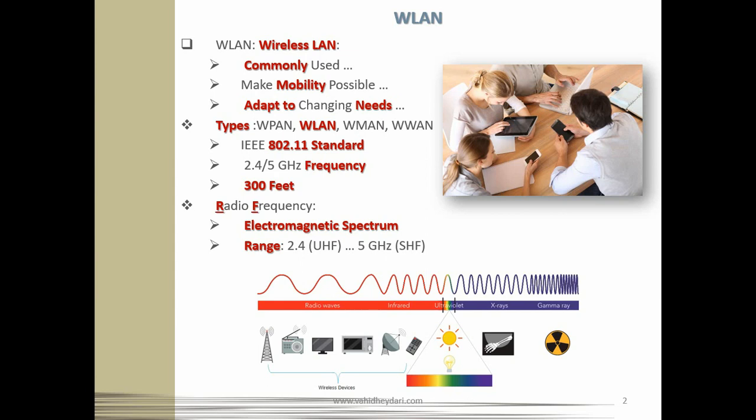RF, in technical terms, refers to the rate of oscillation of electromagnetic radio waves, in particular when we are bounded within the range of 3 kilohertz to 300 gigahertz, as well as the alternating currents that carry the radio signals.